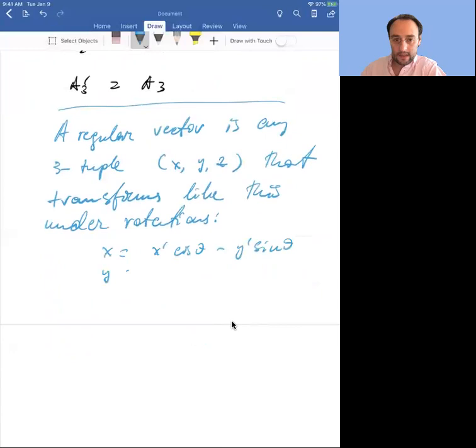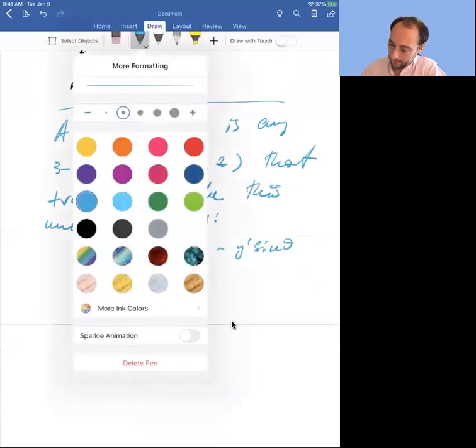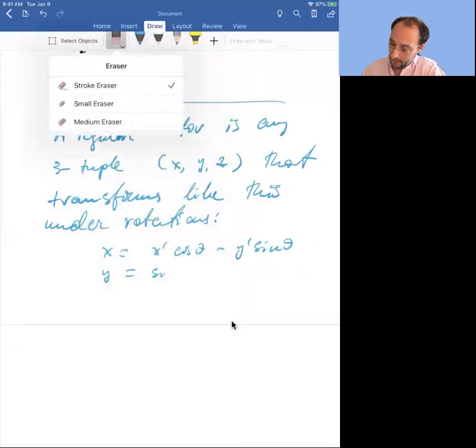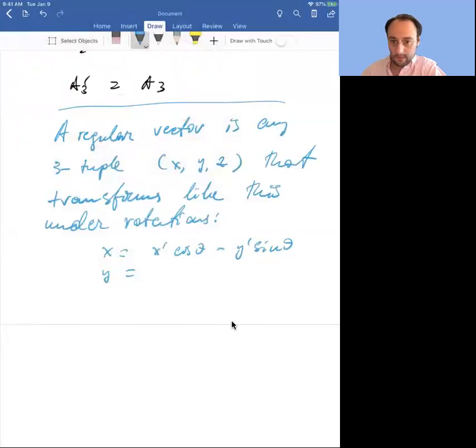Y equals x prime sine of theta plus y prime cosine of theta, and z equals z prime. This is a special case of a rotation around the z-axis, but you can generalize to an arbitrary rotation around an arbitrary axis.